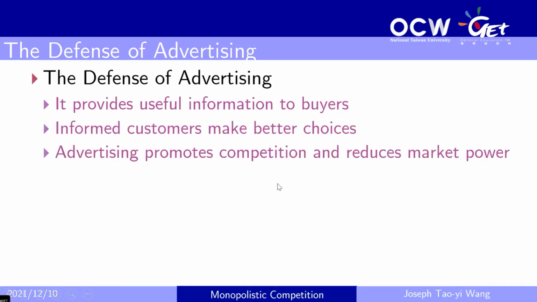And also, it's because of this information dissipation that you are going to attract new customers that were not aware of your product. And because of that, of course, that would increase competition and reduce the market power. So imagine that there's a new product that's even better than all of the existing ones, but all of the consumers do not know that.